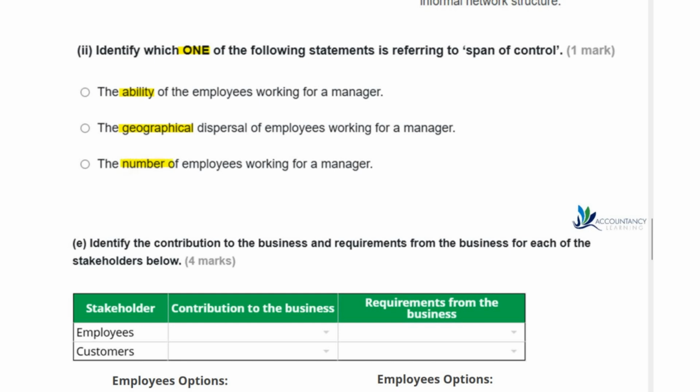So span of control then, so the control is about who do we control in terms of employees? So it'd be the number of people. A small span of control will mean you have very few direct reports, but a large span of control will mean you have a higher number of direct reports. So therefore it's the number of employees working for a manager.